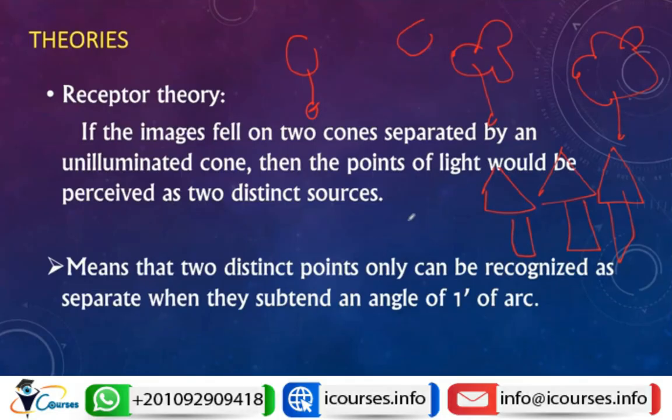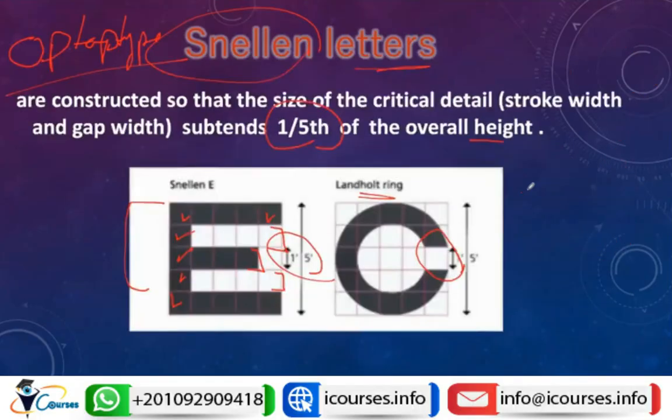So it was found that in order to see two separate targets, with one cone in between, the minimum angle will be 1 minute of arc. That's why the letter was constructed like this, because in this configuration, this 1 minute of arc will fall on one unstimulated cone, and this will fall on a cone, and this black will fall on a cone.